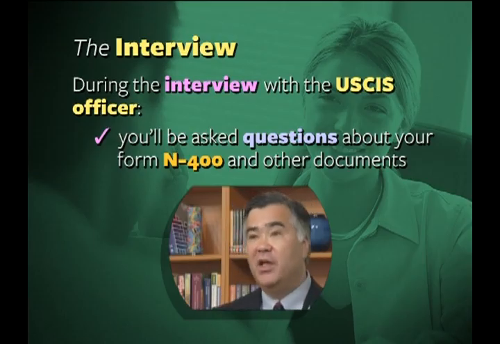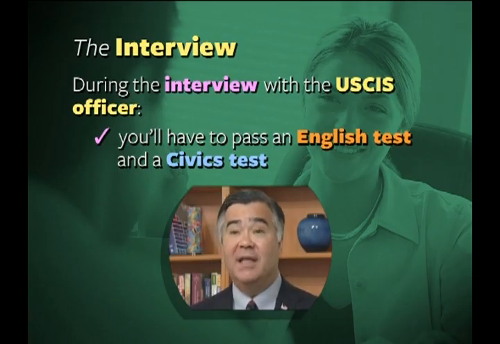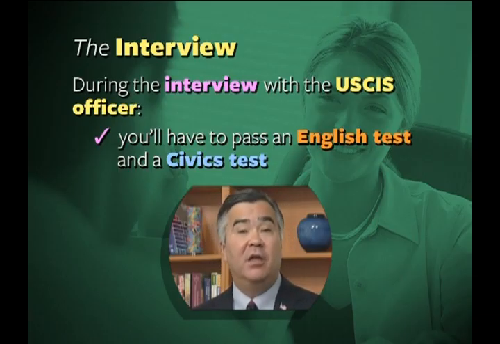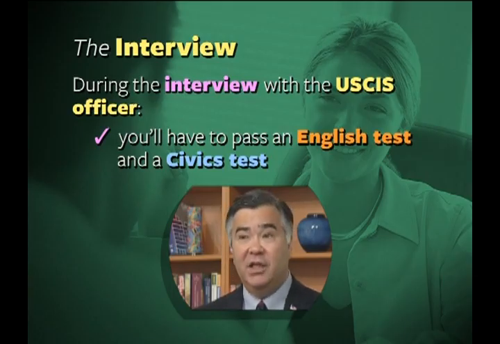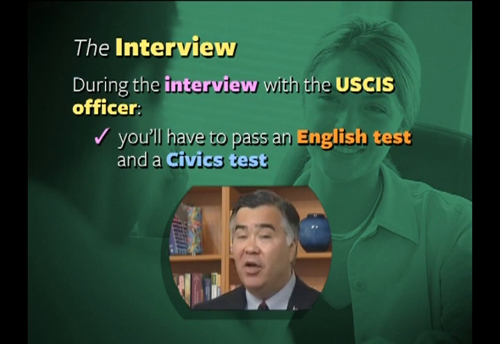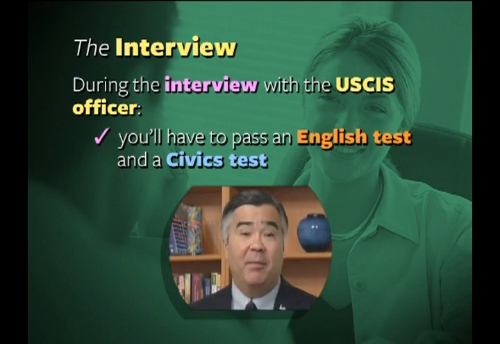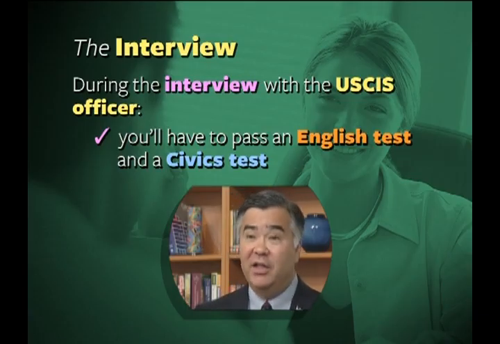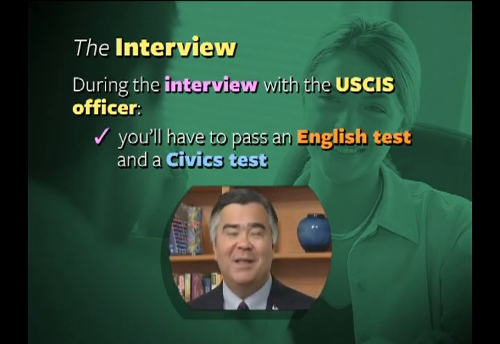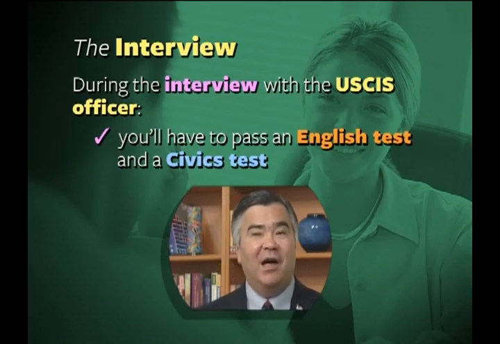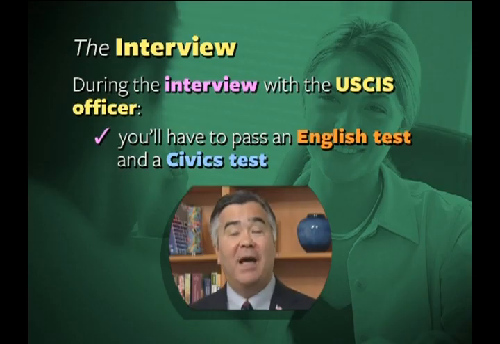In addition, during the interview, you'll have to pass a brief English test that measures how well you can speak, read, and write in English, and a brief civics test that measures how well you know certain facts about American history, government, and civics. Later in this program, we'll offer advice about how to prepare for these tests. For now, let's take a few minutes to talk about how you can handle the interview correctly.